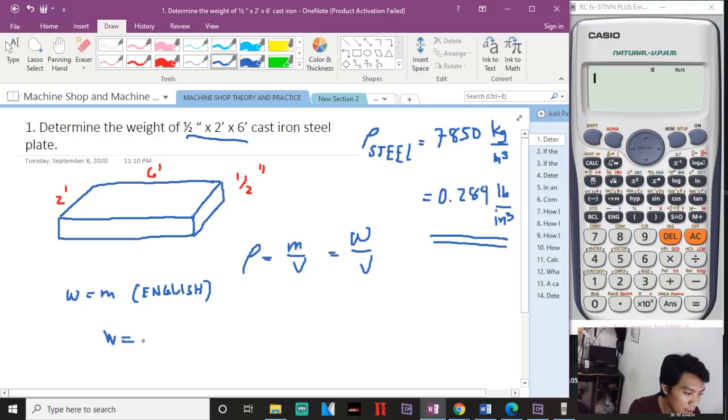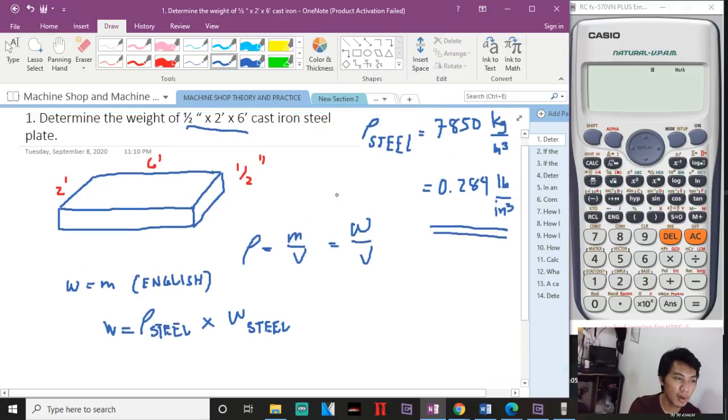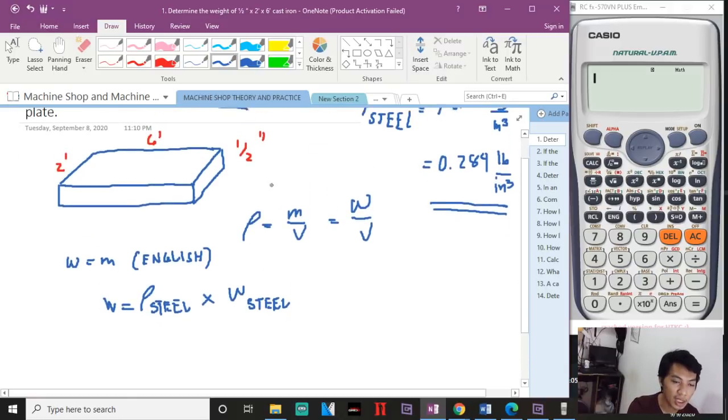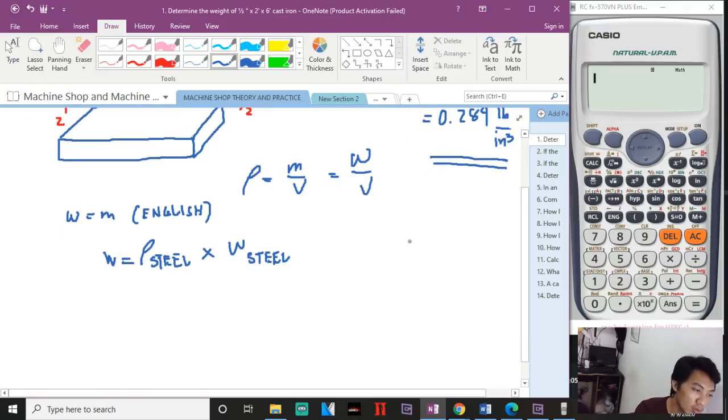So weight will be equal to density of the steel times the volume of the steel. Tignan nyo, hindi na ako magko-convert ng isa kasi inch cube na to. I-convert ko na lang yung dalawa. 0.284 pound per inch cube multiplied by 2 feet times 6 feet squared.